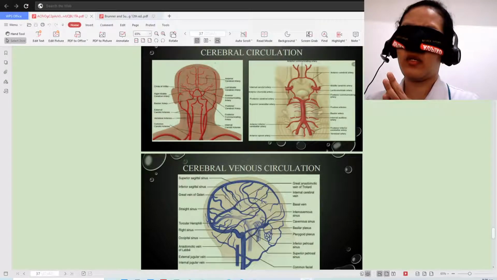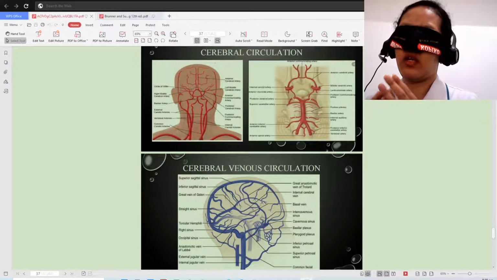Then the superior cerebellar artery supplies blood to the superior part of the cerebellum. Then pontine arteries are comprised of tiny blood vessels and help deliver oxygen-rich blood to the brain.